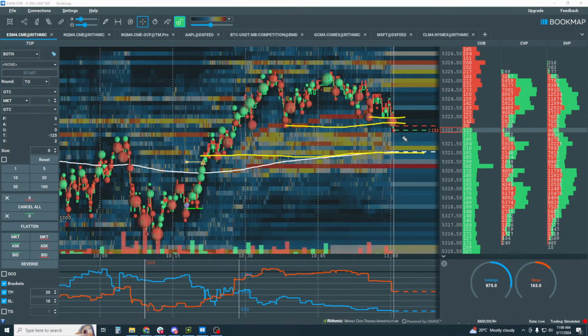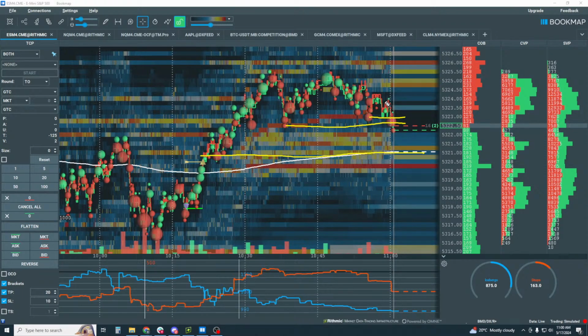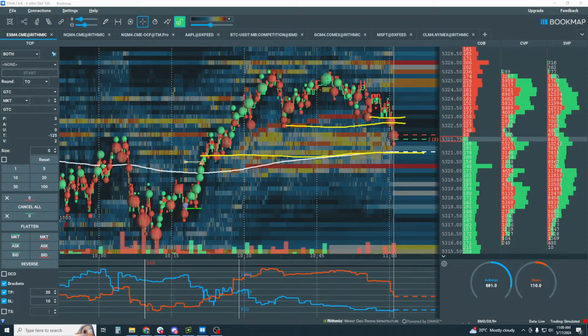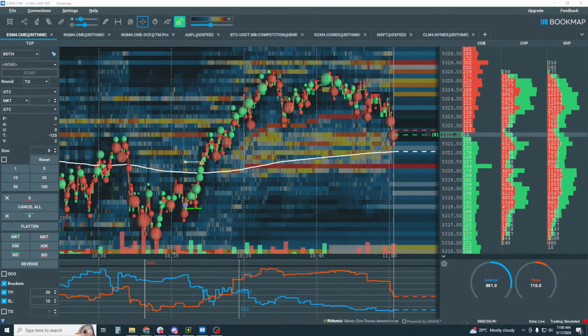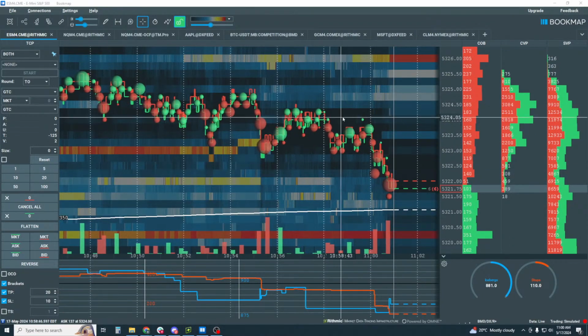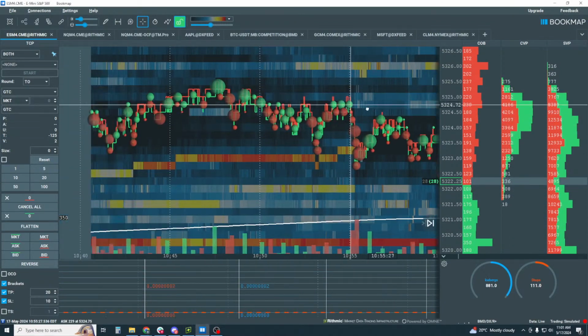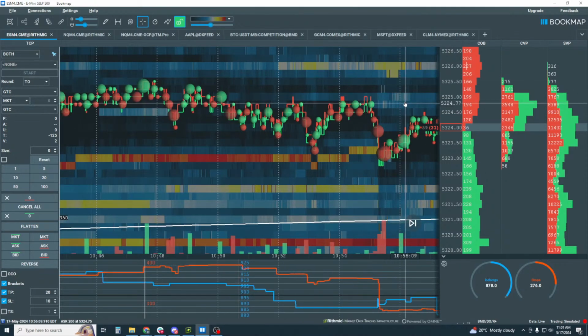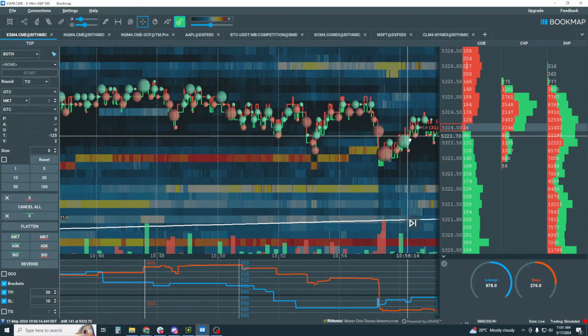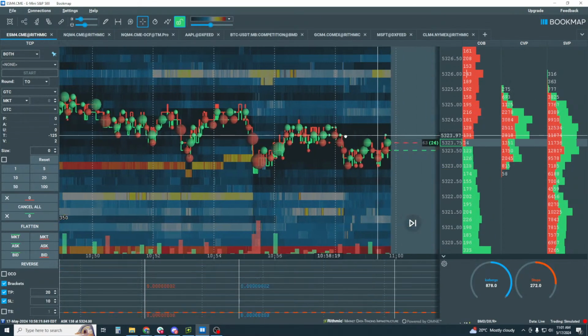Okay, again, it's only a few points of a move, but that's it. Okay. See the difference here? Like we're looking at it in here. They're adding on the offer at these lower levels. We did trade into this, and that matters. Okay, and then we're looking for our buyers. We didn't get it.